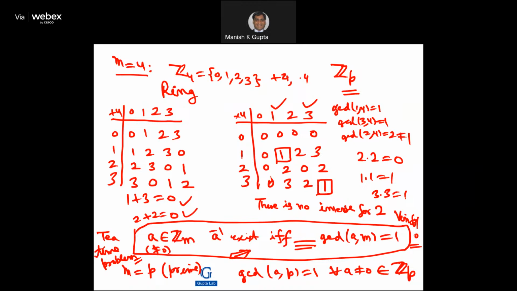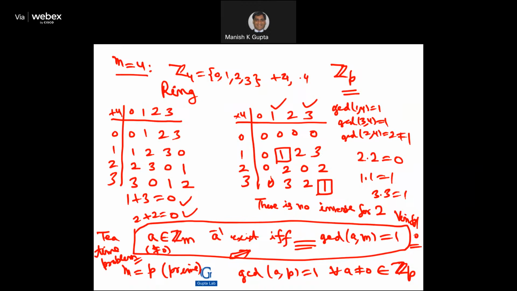So one question one can ask: if A is a non-zero element in integer modulo m, the inverse of A will exist if and only if GCD of A and M is 1. Can you prove this? Tea time problem. You require a good cup of tea or coffee in the evening today to do this exercise.